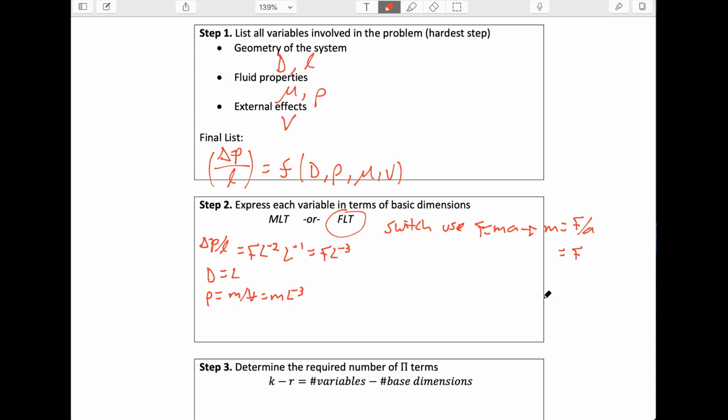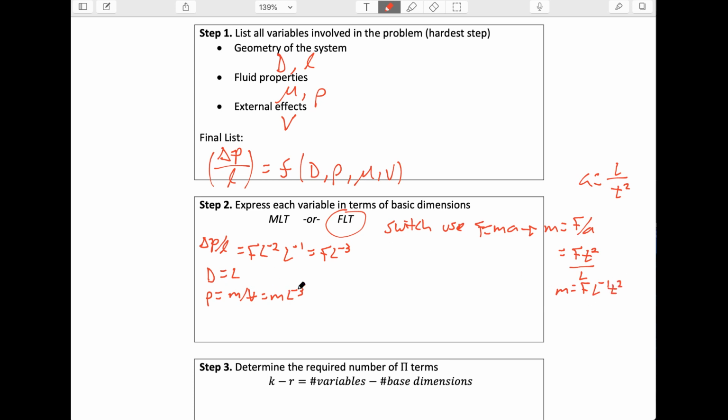Acceleration looks like length per time squared, except it's on the bottom, and so we get t squared over L. And so we can write then that mass is equal to force length to the minus 1 time squared.